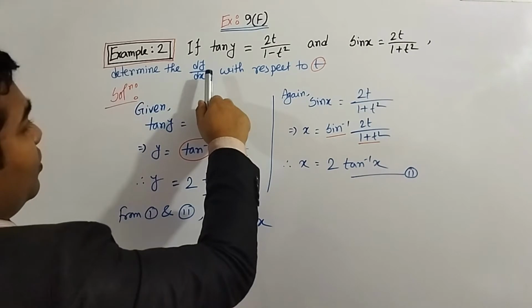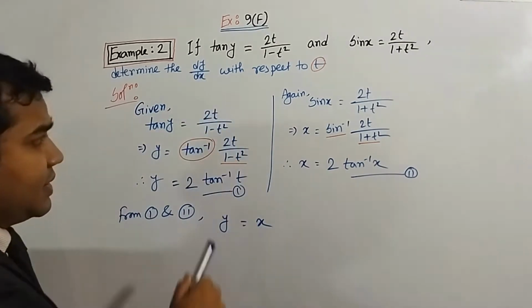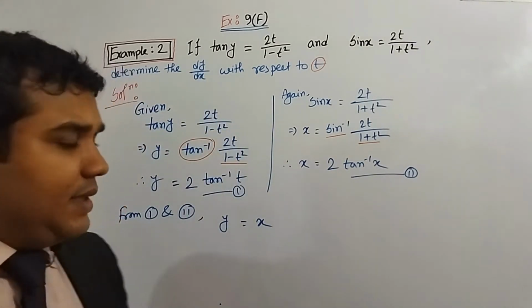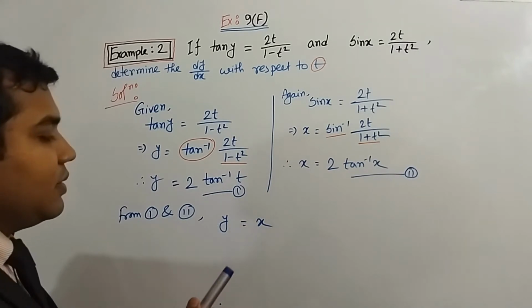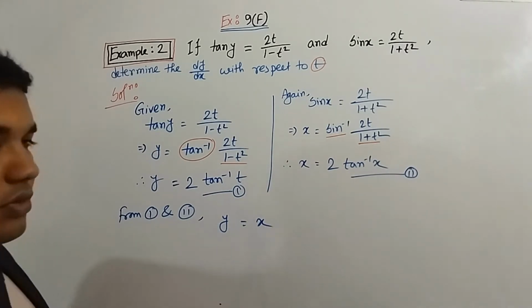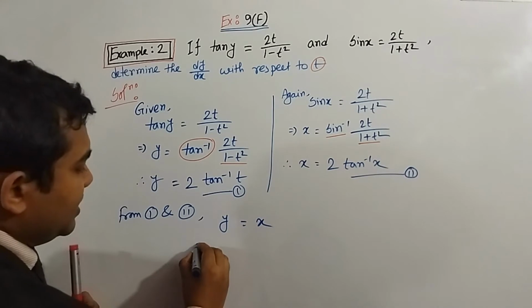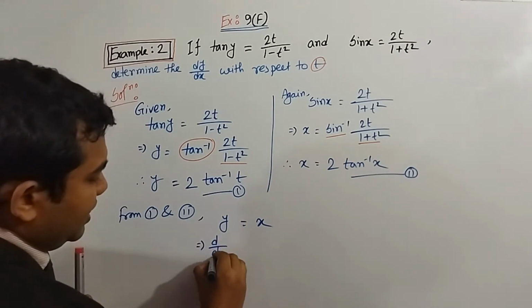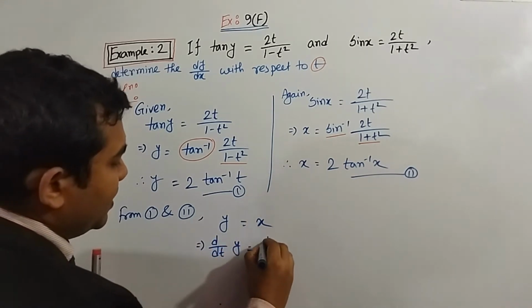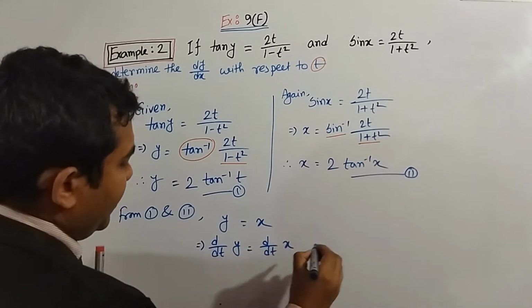Here the question says we have to find dy by dx with respect to t. So if we differentiate this equation with respect to t, that means d by dt of y equals d by dt of x.